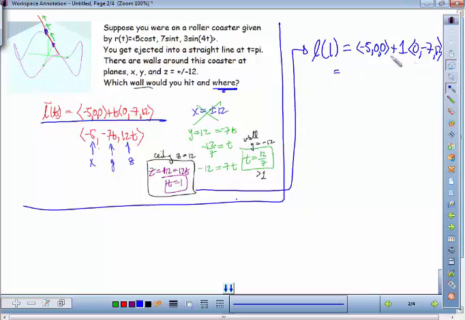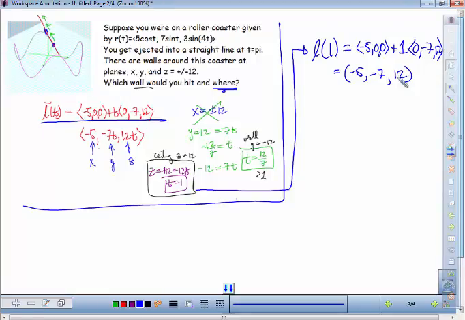So this would be negative 5, comma, 0 minus 7, so that's negative 7. So negative 5, negative 7, and then here's that positive 12 that we're expecting, positive 12. So this is our point of intersection.